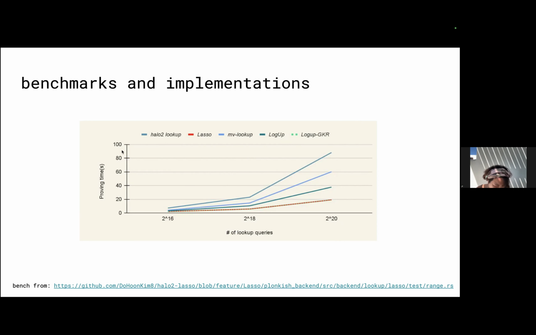So implementation wise, a lot of these are probably very buggy. And in fact, this MV lookup one, the last time I checked, doesn't work with the IPA commitment. It only works with KZG. But that's an implementation problem because in theory, it doesn't need KZG, unlike CQ.